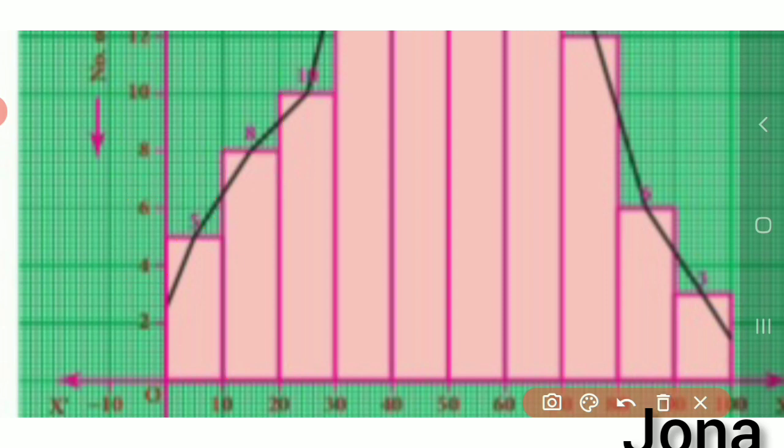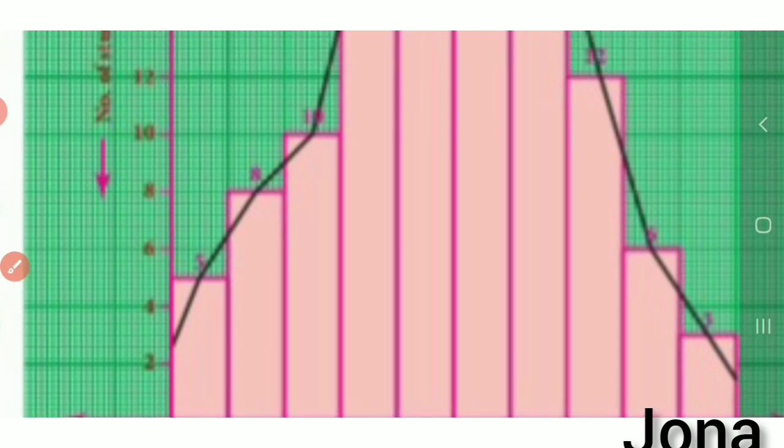After this I want to draw the frequency polygon. For this I want to mark all the midpoints of the histogram. From 0 to 10, 5 is the midpoint. From 10 to 20, 15 is the midpoint.